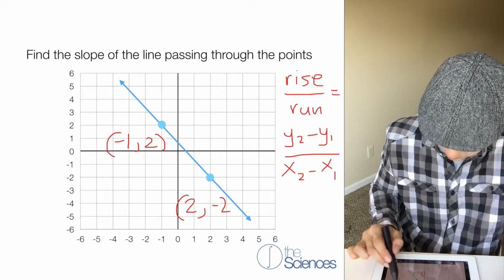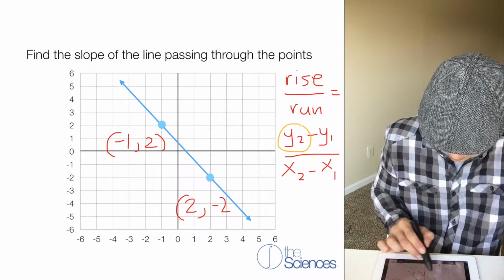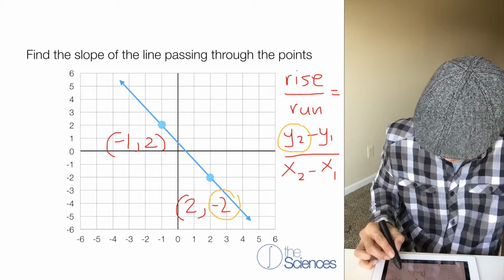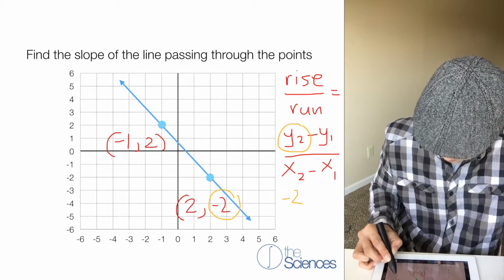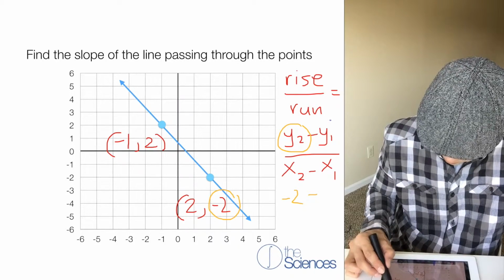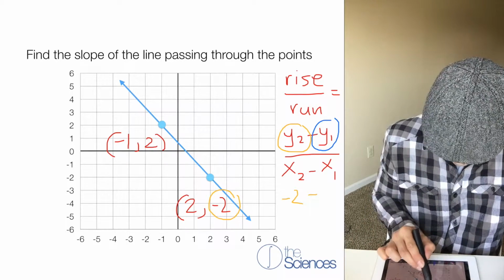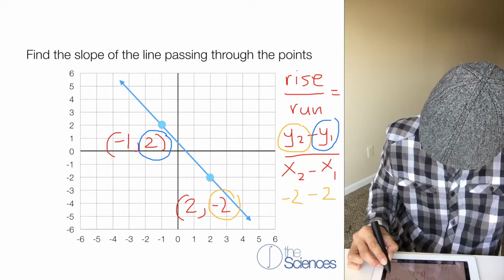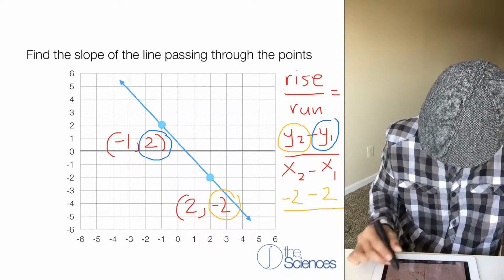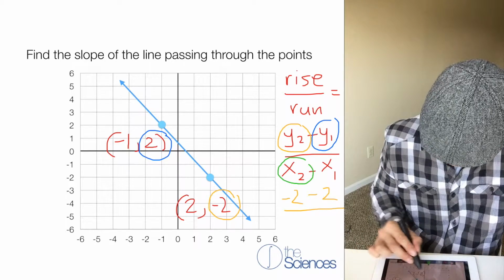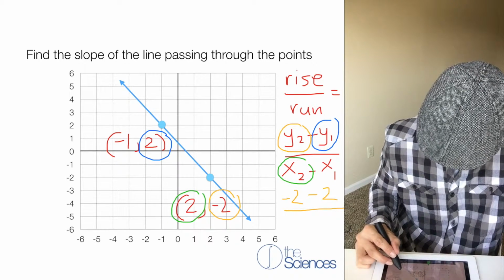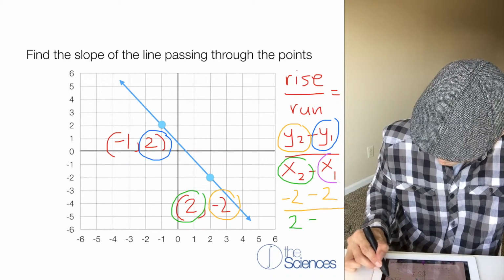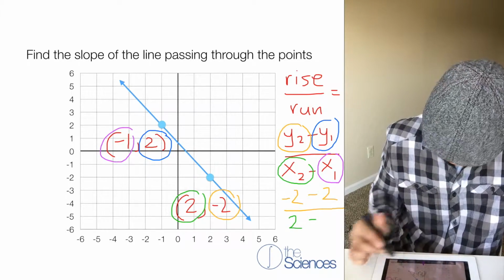So here y2 is here, -2, minus y1 is here, 2, over x2 is 2, minus x1 is -1.